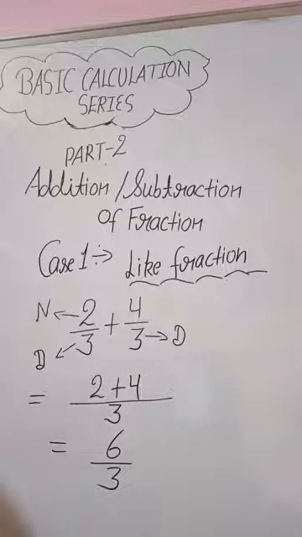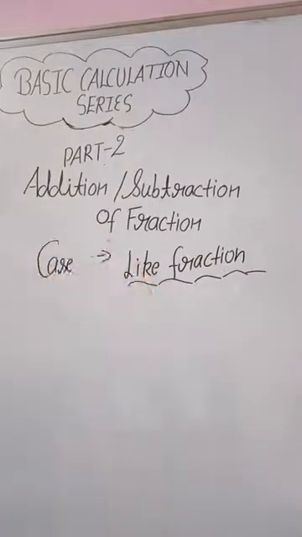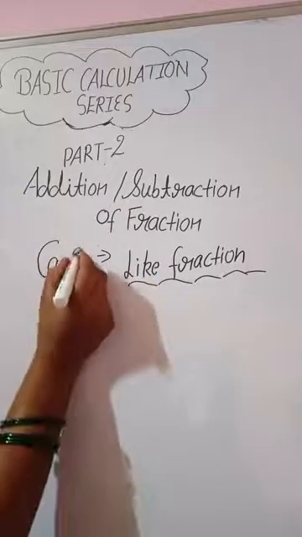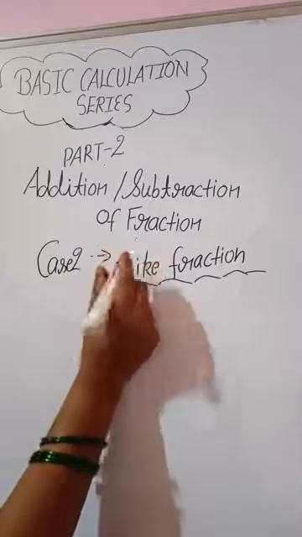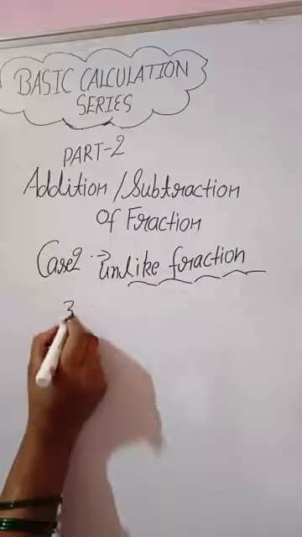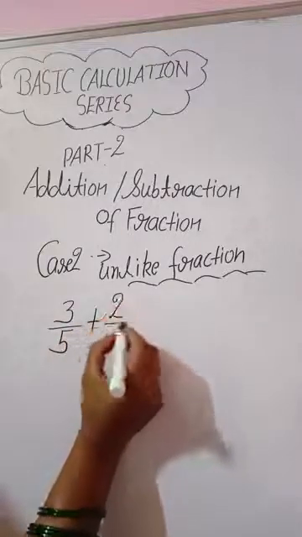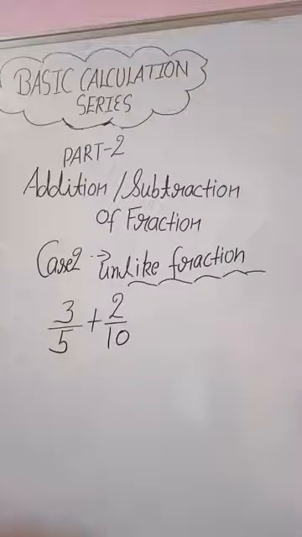Now we will discuss the second case, case 2, when we have unlike fractions. Suppose we have 3/5 plus 2/10. First we check the denominators of both fractions.